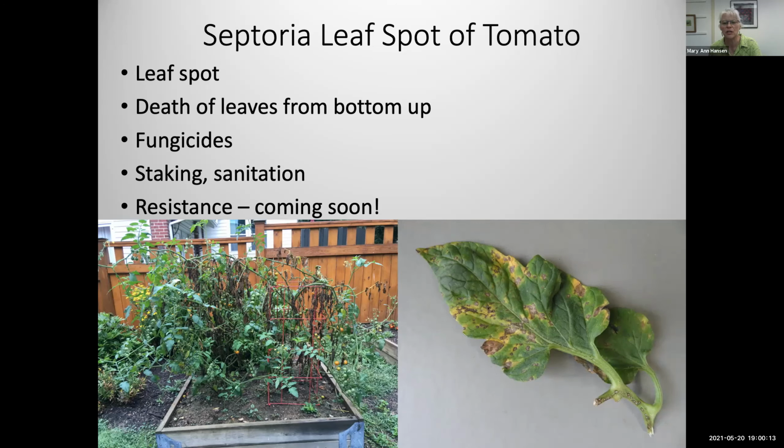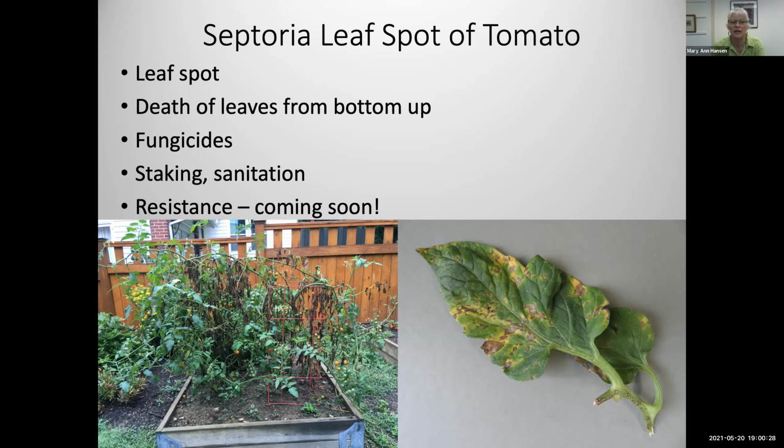So, a variety that's resistant to early blight is not going to be resistant to Septoria leaf spot unless they were both in the same breeding program. And in fact, we don't yet have a commercial variety that has resistance to Septoria leaf spot, but we do have those varieties for early blight.